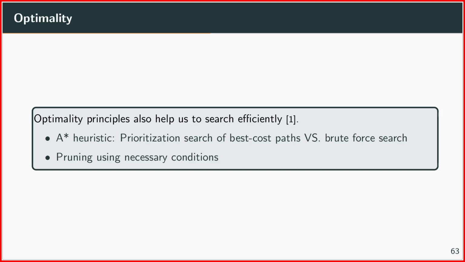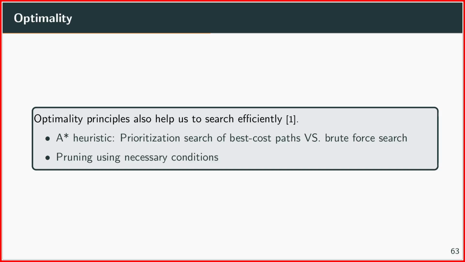Okay, and there is actually one more reason why we want optimality. And this comes from something which we already discussed with search-based planning, namely that optimality principles often help us to search more efficiently. If you remember the A-star algorithm, where we had this heuristic, we were prioritizing the search for best-cost paths, and we were doing that to outperform, for example, brute force search.